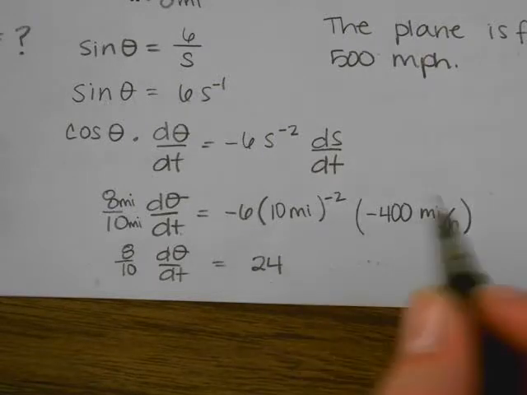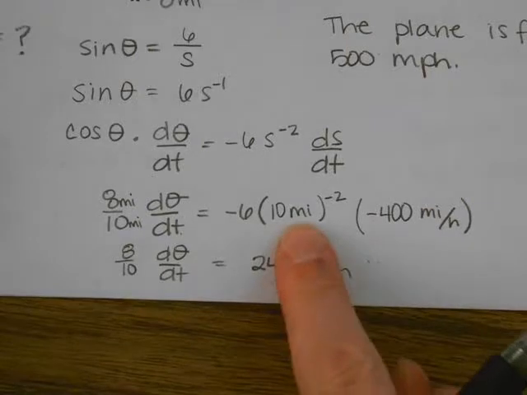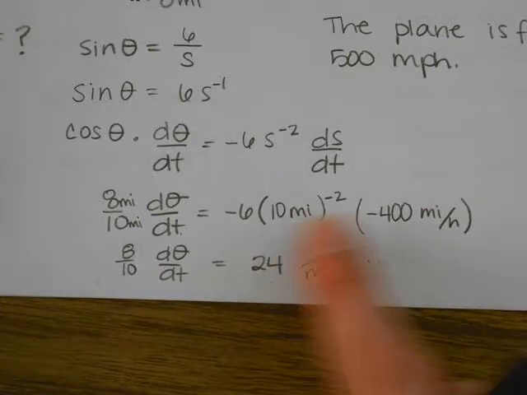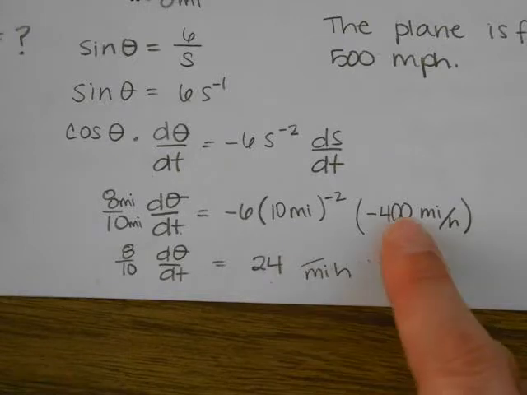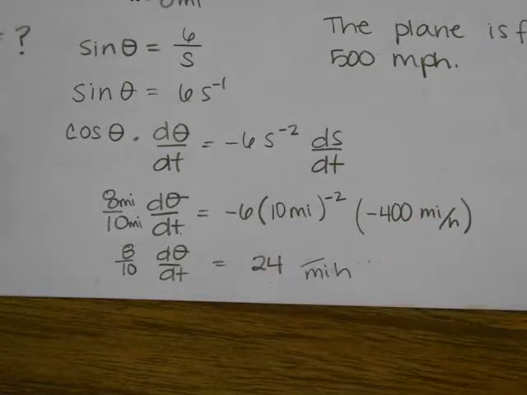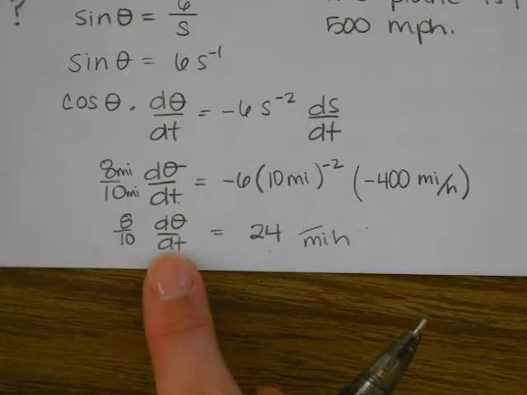I think this would be miles squared, but on the bottom of a fraction. Do you guys see how that would be because of the 2 there? And because it's negative, that would be like 1/10 miles squared, or 1/100 miles squared. That's interesting. Anyway, you just have miles per hour.